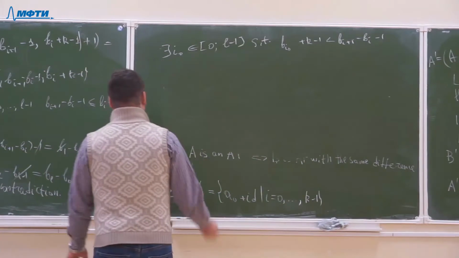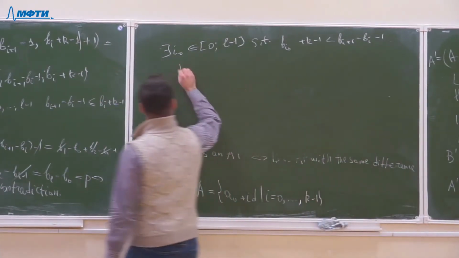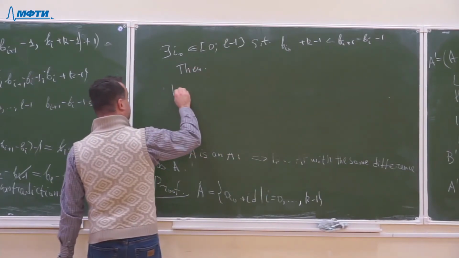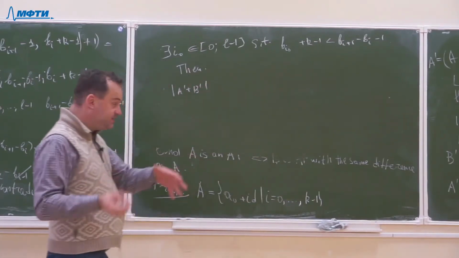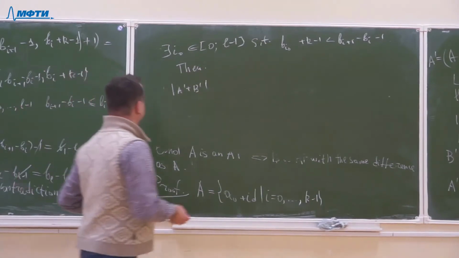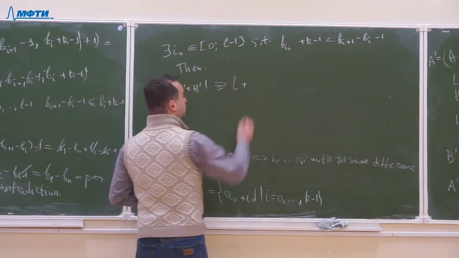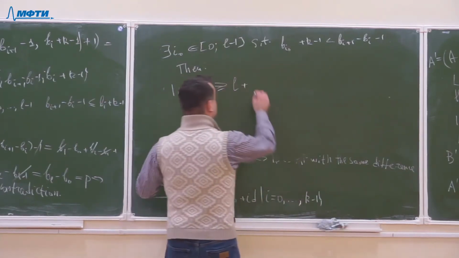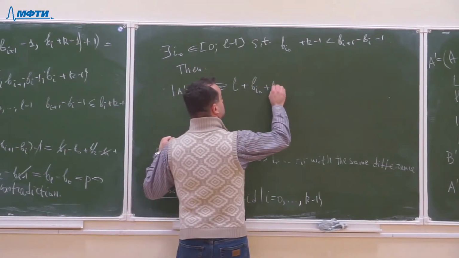Which means that A prime plus B prime is at least L plus this minimum, which is Bi0 plus k minus 1.